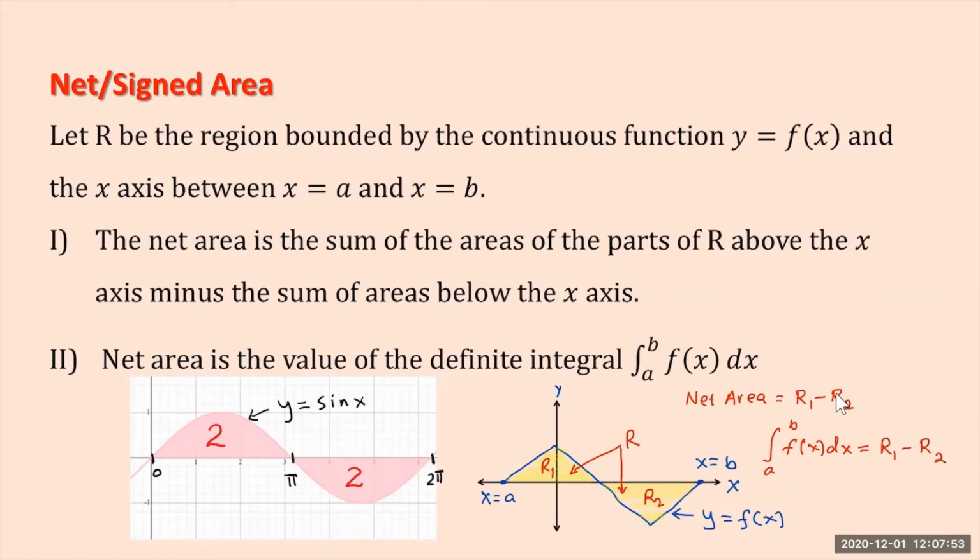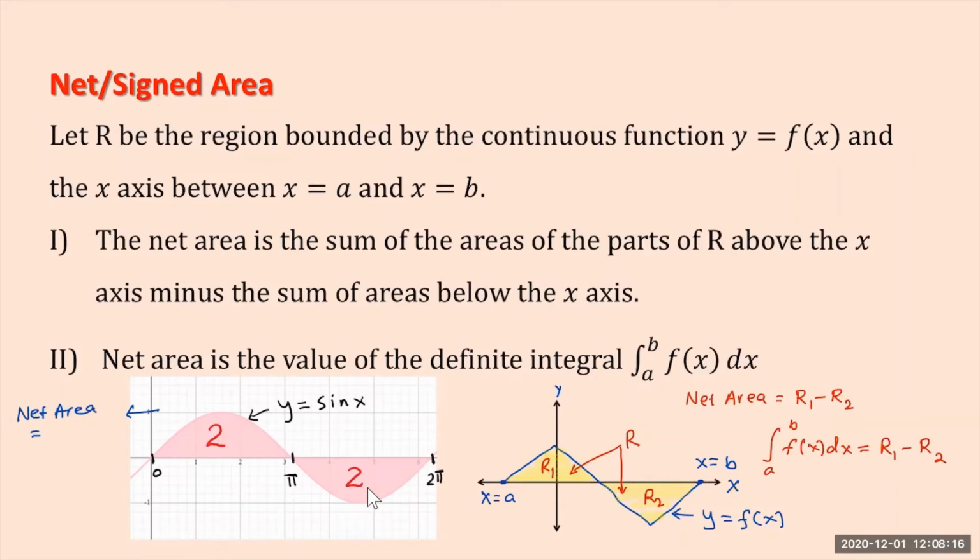So if we use that concept and try to evaluate the net area in this graph, let's see what we get. For this graph given here, the net area will be equal to area above the x-axis, which is 2, minus area below the x-axis, which is also 2.